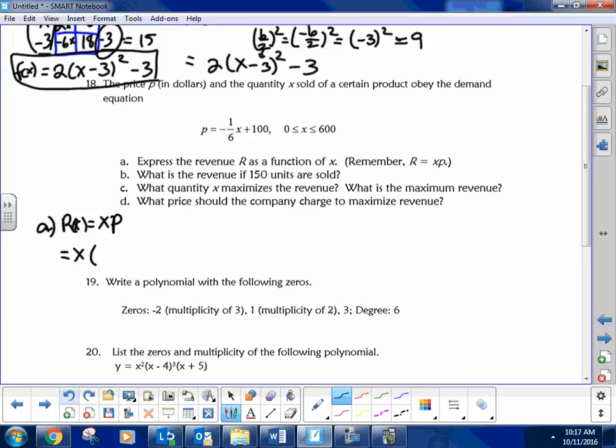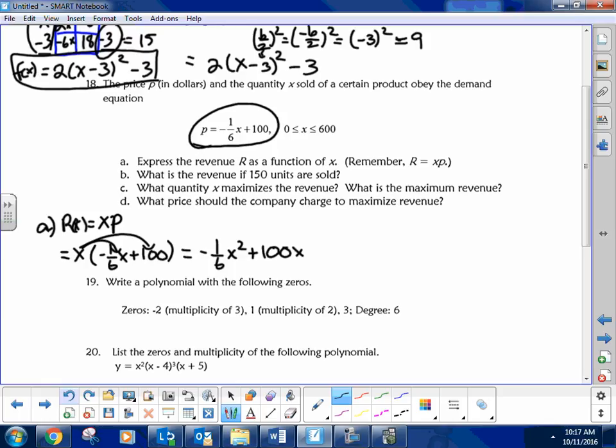So in order to make an expression of x, I'm going to take the benefit of knowing this and then having the power to substitute it in and solving for it. So when I do this and I distribute, the demand equation expressed as a revenue of x is now negative 1/6 x squared plus 100x. So that will be A.